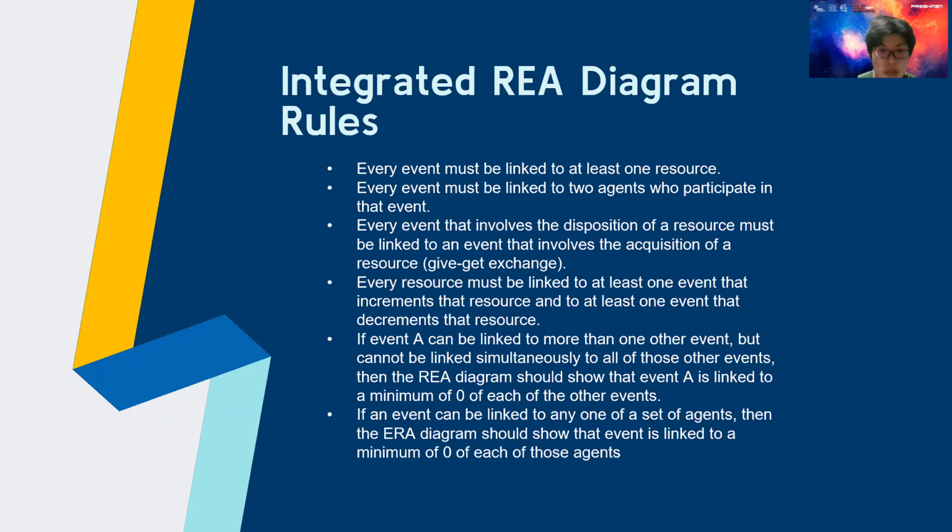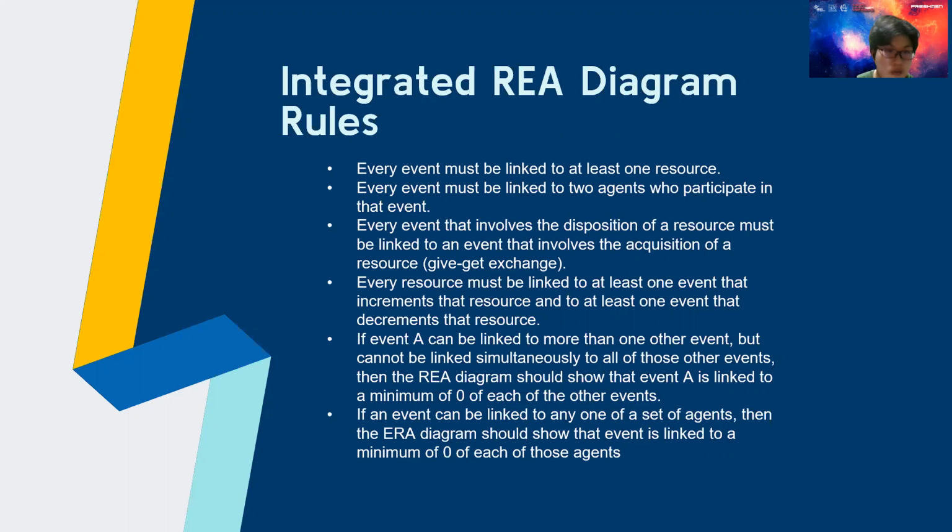Every resource must be linked to at least one event that increments that resource and to at least one that decrements that resource. If event A can be linked to more than one other event, but cannot be linked simultaneously to all of those other events, then the REA diagram should show that event A is linked to a minimum of 0 of each of the other events.